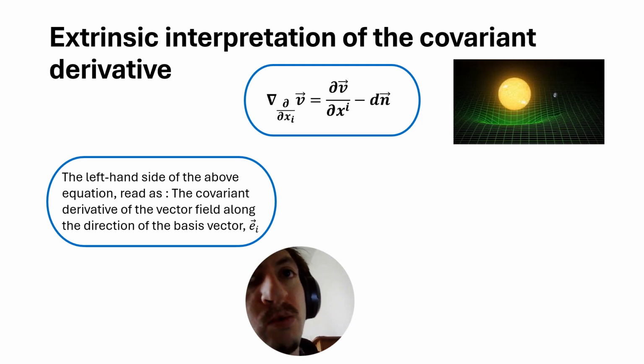And in terms of basis vectors on the manifold itself, good basis vectors are actually the partial derivatives. So you can read the left-hand side as the covariant derivative of our vector v along the spatial axis. That's how to read that left-hand side.